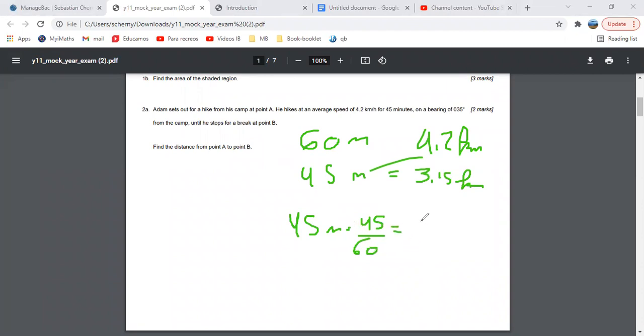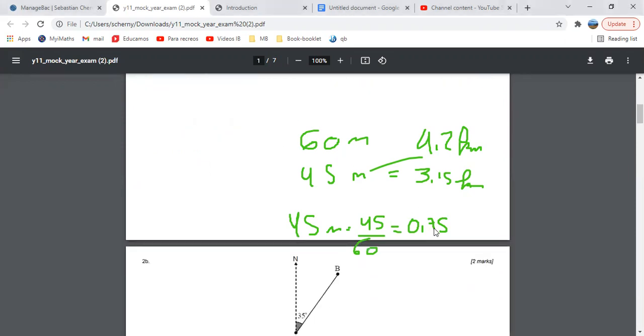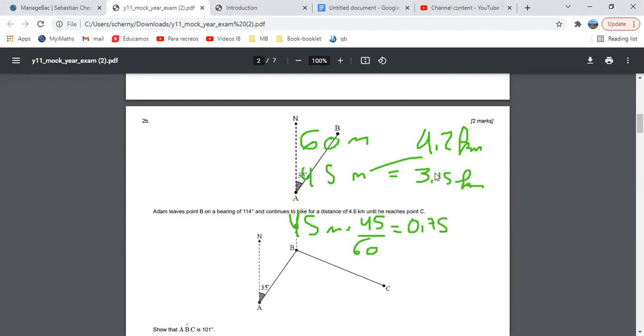So this will be 0.75, or 3/4. Now we multiply this by 4.2. If you look at the formula we used, it's basically the same. It's just that instead of first multiplying and then dividing, we first divide the 45 by the 60 and then multiply by 4.2. This is the exact same thing. So this is the answer. The distance between A and B is 3.15 kilometers.